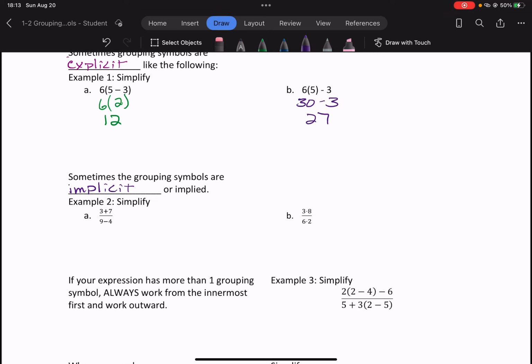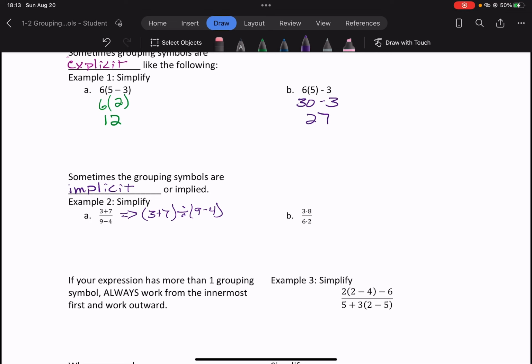So you can rewrite something like this as 3 plus 7, divided by 9 minus 4. Now you notice how I have the grouping symbols that were implied with the fraction.